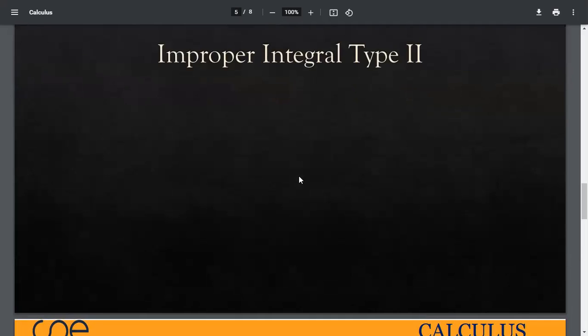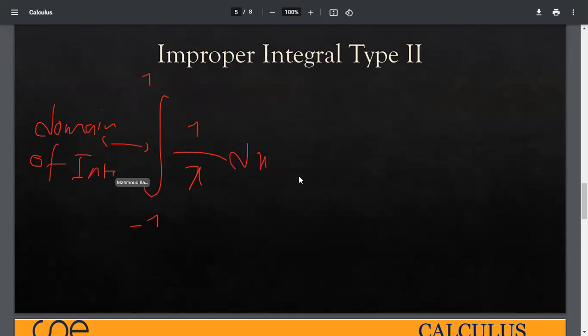Improper integrals of type 2 are functions that have vertical asymptotes at some value in the boundary or the domain of integration. So it may not only be the boundary; it could be in the domain of integration. How come? For the integral from minus 1 to 1 of 1 over x dx, I have 0 somewhere in the middle of the domain, right?